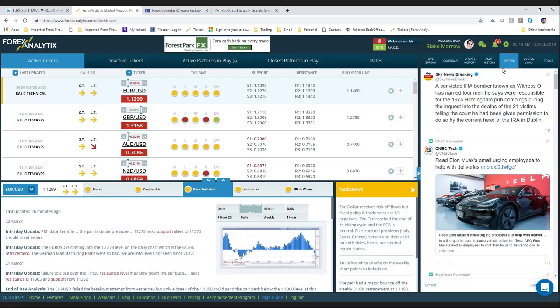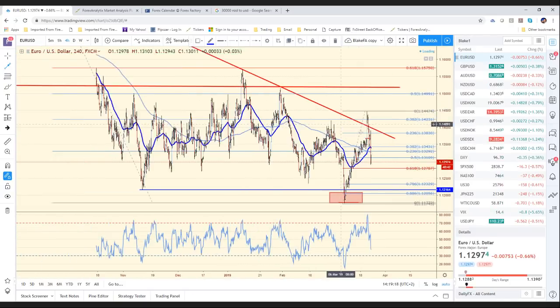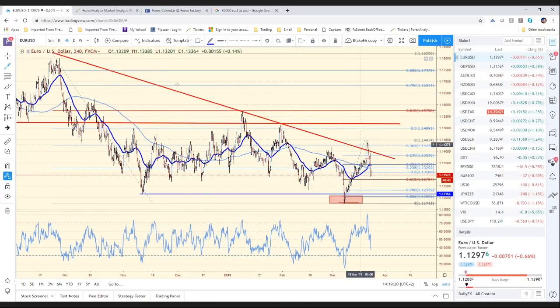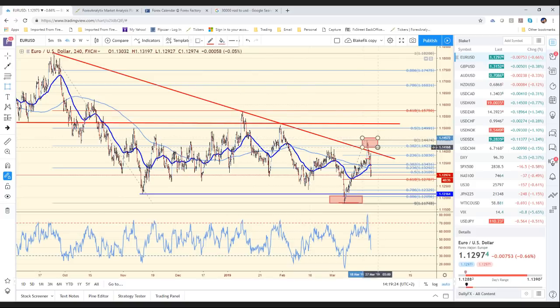That's scary, people. If you're out there buying the euro dollar, you've got to be thinking, why do I own euros right now? We had this false breakout above this high, above this trend line. Everybody was thinking, oh, the dollar's going to rally here, or the dollar's going to sell off, and then we got this big reversal in the euro.